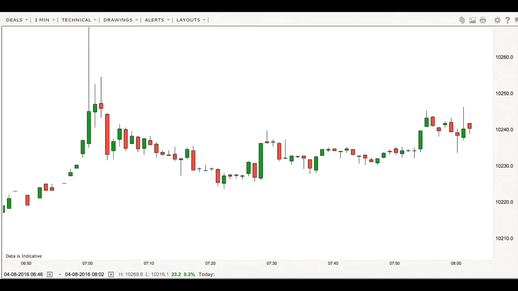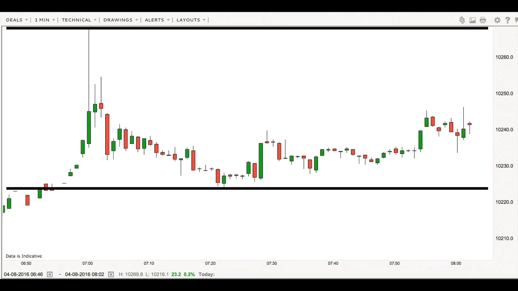So bear in mind again that we are pretty much in the lower to middle side of the range that we identified at the beginning of the video. Price is sharply falling down to the bottom of the range at this point in time now. So this is a big red bear bar forming at this point in time.